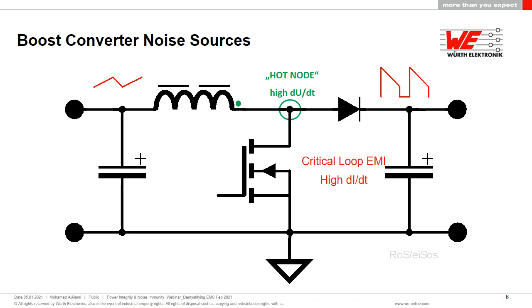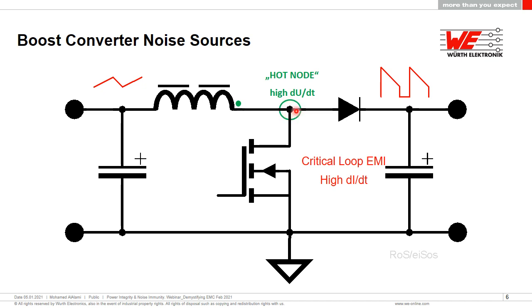So looking now at the boost converter, moving into the practical side of things, let's first identify the noise sources, the areas which are carrying high dV/dt on a boost topology. What we see here is the schematic for the boost converter, and as highlighted, we have a high dV/dt node.